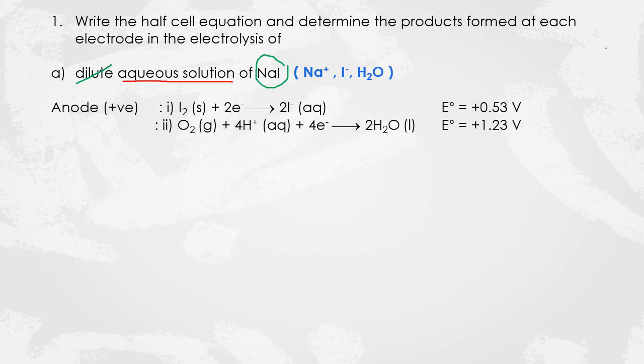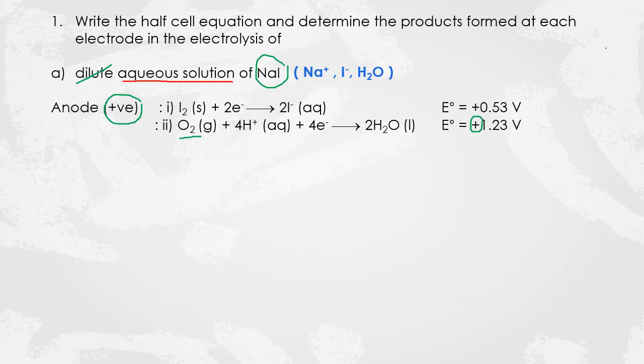How do we know that water that releases O2 will be one of the ions to be discharged at the anode? Look at the positive terminal of this anode. They will favor water with the inert value that is more positive down here. So we're going to use this value which has O2 in its half-cell equation.